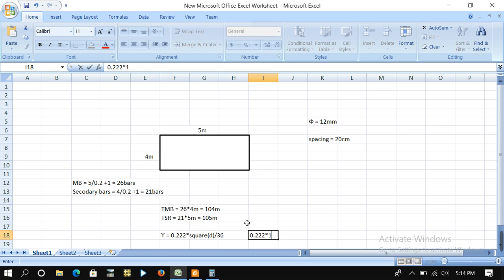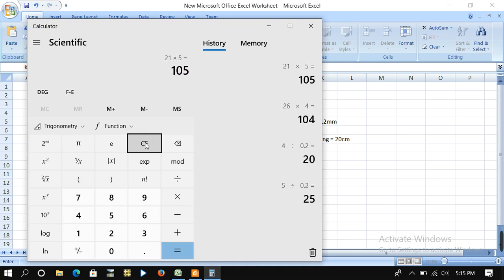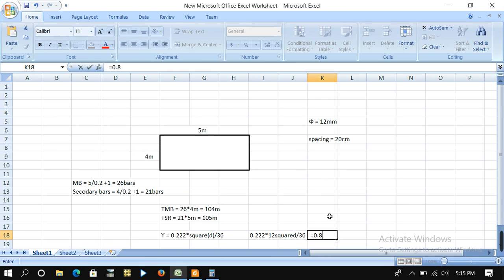So how much can we calculate? 12 squared means 144, times 0.222, divided by 36, gives 0.888 kg per meter. So in 1 meter we have 0.888 kg of bar.